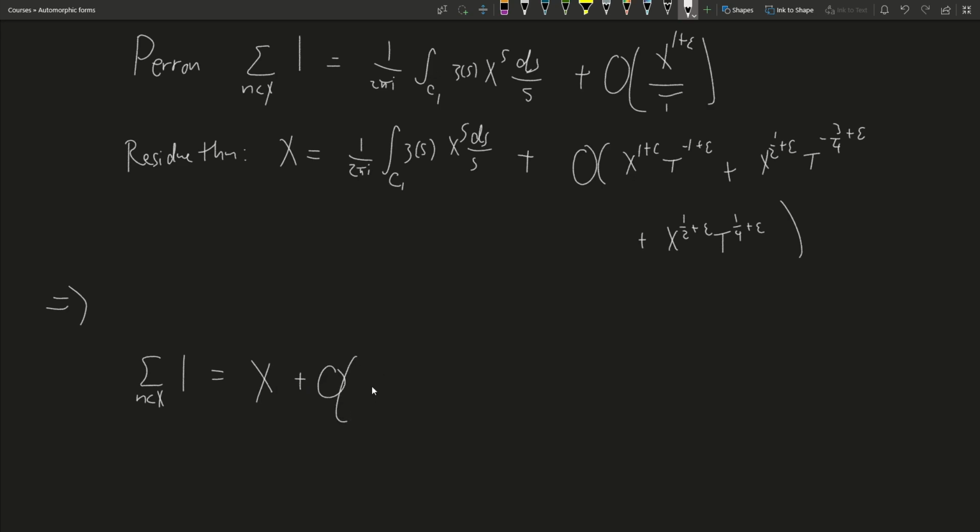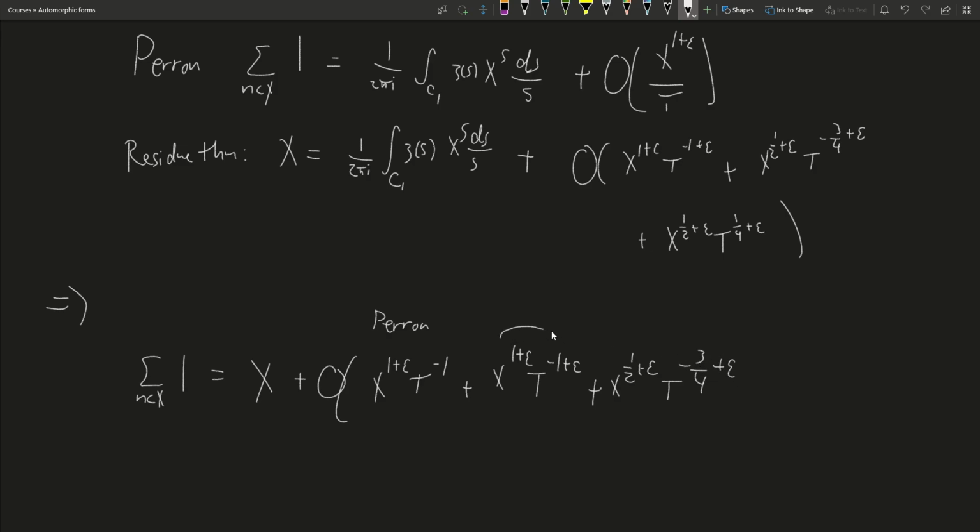So we have an x to the 1 plus epsilon t to the minus 1 coming from Perron's formula, so that's this term right here. And then we have x to the 1 plus epsilon t to the minus 1 plus epsilon plus x to the 1/2 plus epsilon t to the minus 3/4 plus epsilon.